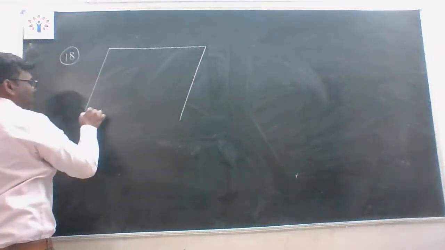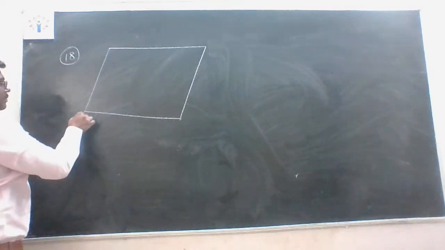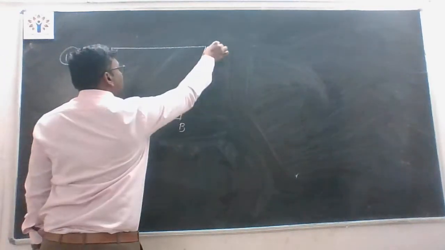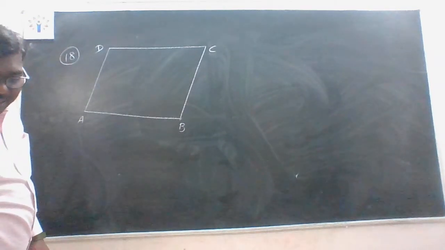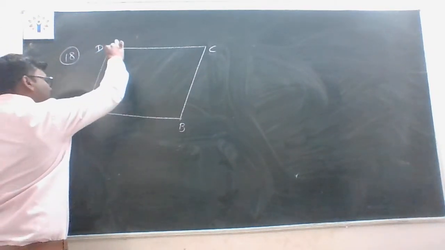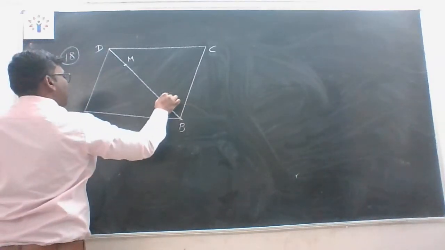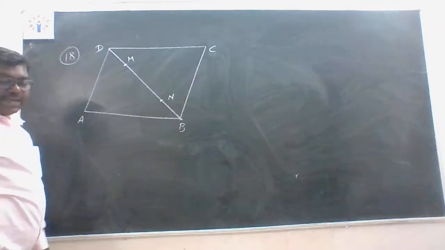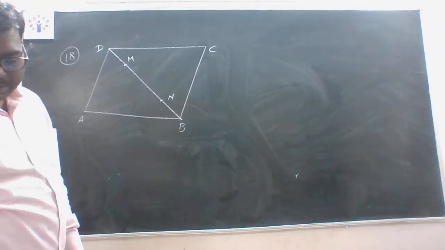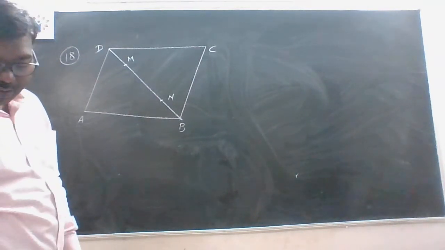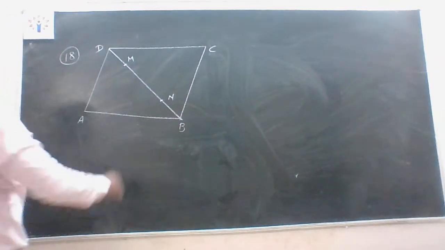Again, there is one parallelogram given to us. The name of this parallelogram is ABCD. Points M and N lie on the diagonal BD such that DM is equal to BN.